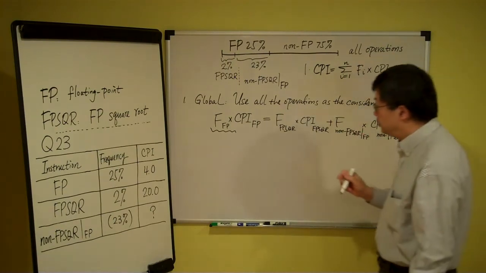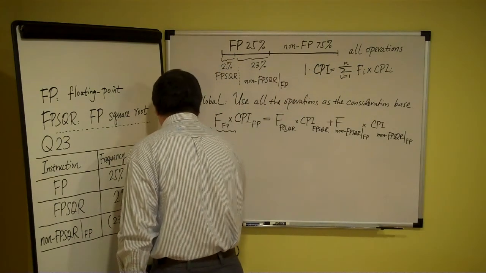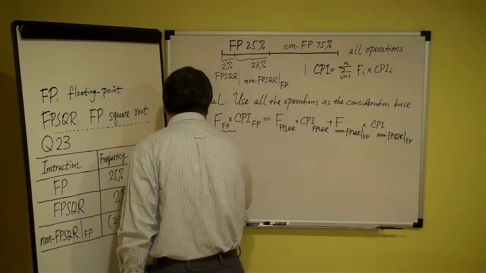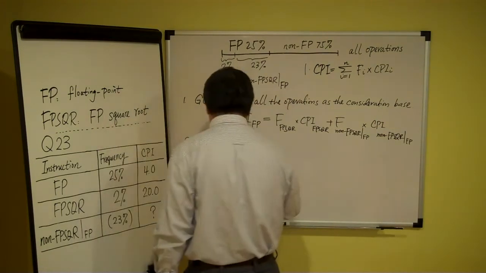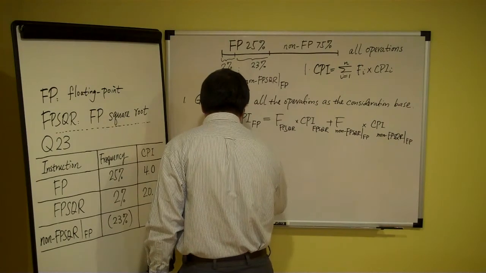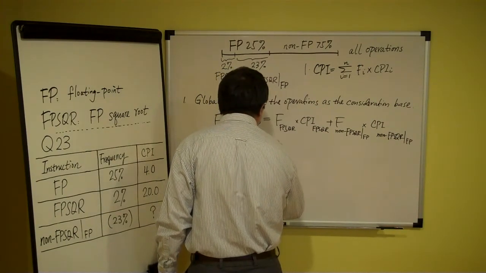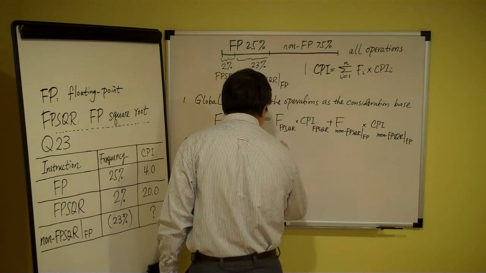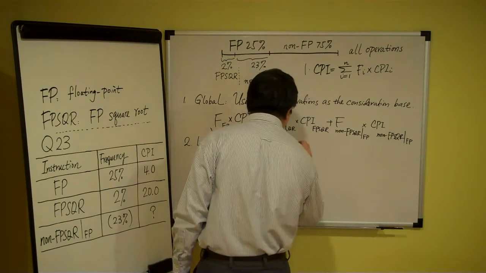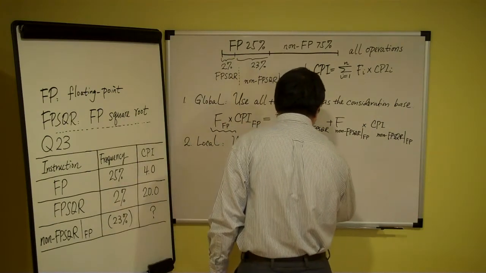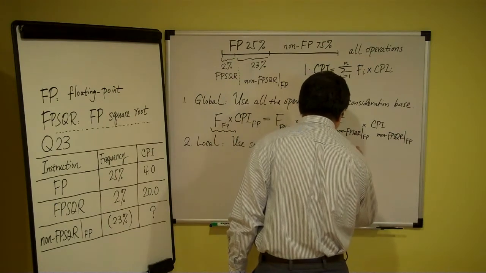This is the first view. The second view is the local way. In the local way, we use some one particular operation as the consideration base.